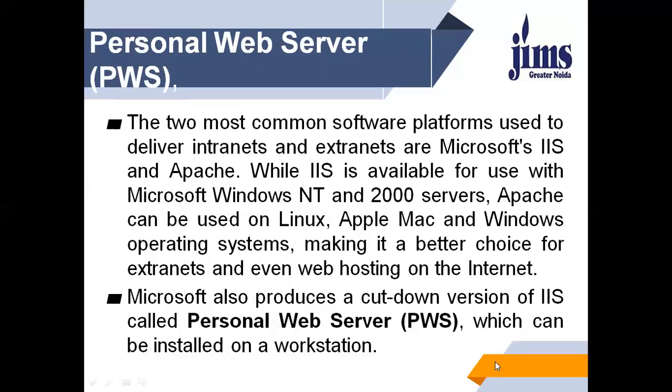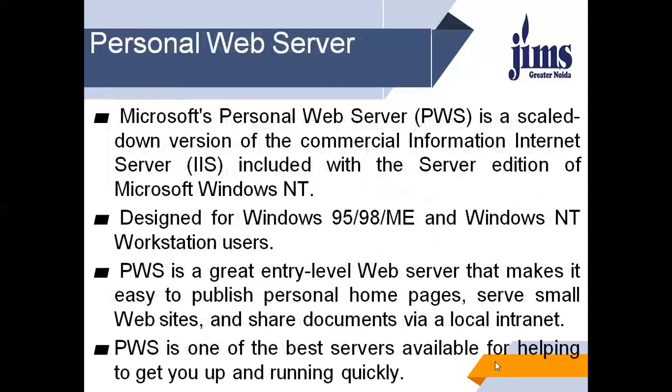While IIS is available for use with Microsoft Windows NT and 2000 servers, Apache can be used on Linux, Apple Mac, and Windows operating systems, making it a better choice for extranets and even web hosting on the internet. Microsoft also produces a cut-down version of IIS called Personal Web Server, which can be installed on a workstation.